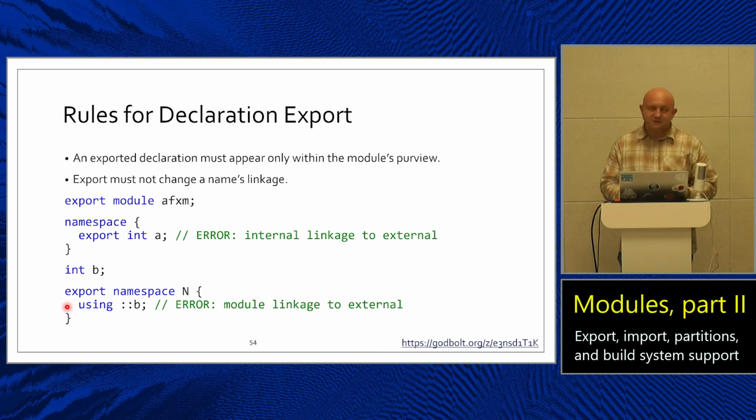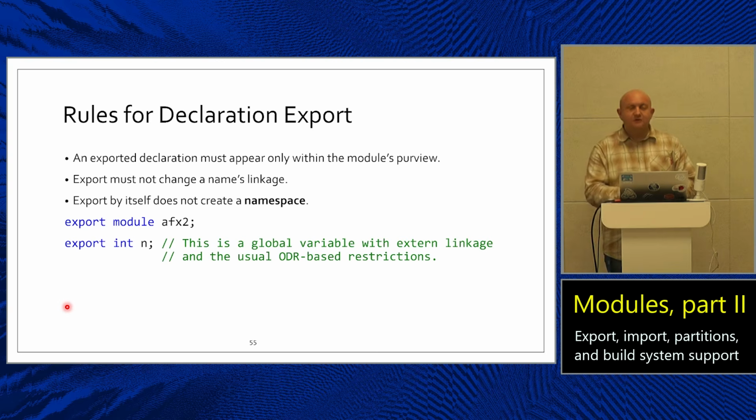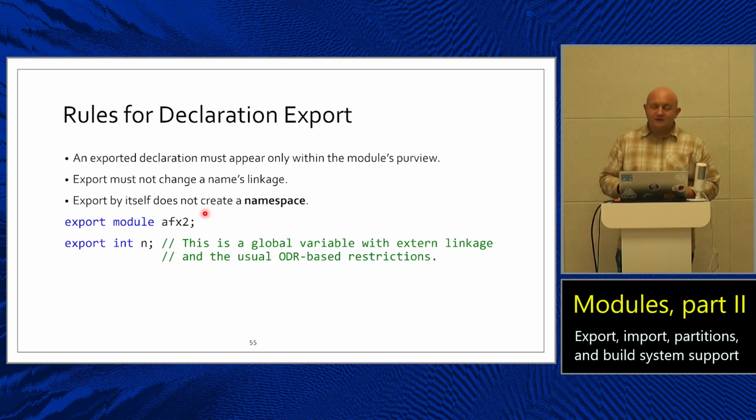But first, rule 3. The third rule, this one confuses people a lot, including entire compilers. Export by itself does not create a namespace. Even though a module has a name, that name isn't a namespace qualifier. So when you write something like an exported variable or function, it doesn't live inside a namespace named after the module.